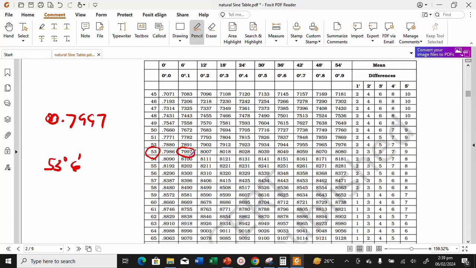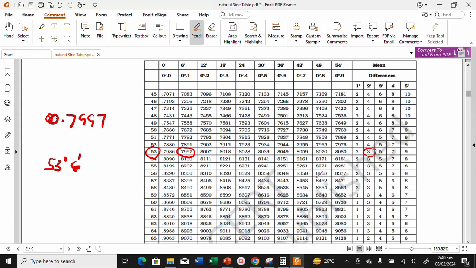The reason we are using 6 minutes is that the 0.8 falls between two columns. Had it fallen directly on a value, we would just take it. Since it falls between these points, we need to look at the mean difference to see what we can add to give us 0.8.